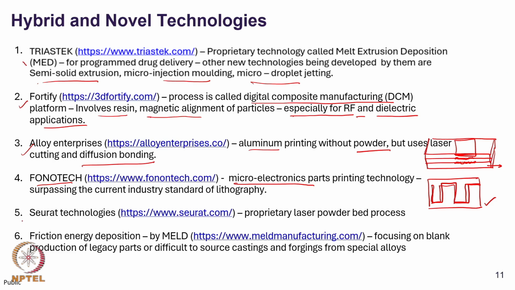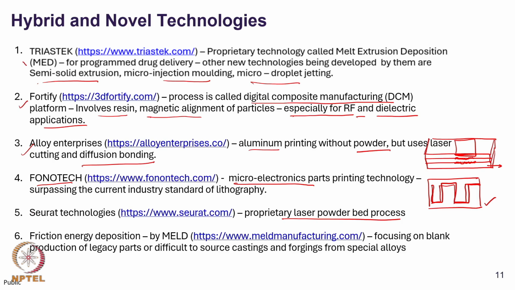A company called Seoret Technologies has come up with a novel laser powder bed process, which is very innovative in the sense that instead of printing small parts of a large object, the whole area can be printed using lasers, and we will talk about it in detail.